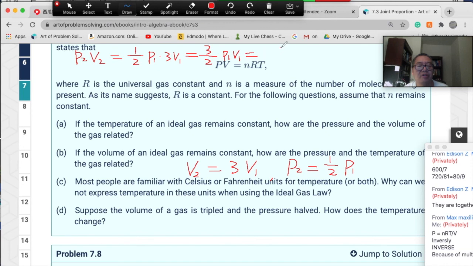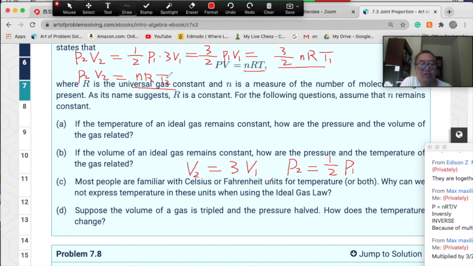P1 V1 equals N times R times T1, right? P2 times V2, based on this equation, equals N times R times T2, right? So then you compare this one with this. What is the relationship between T2 and T1?